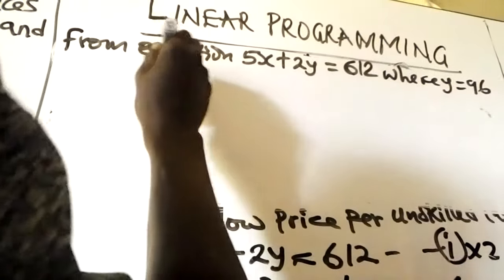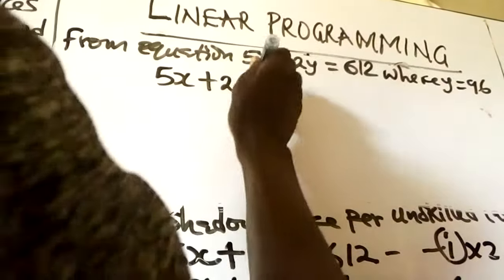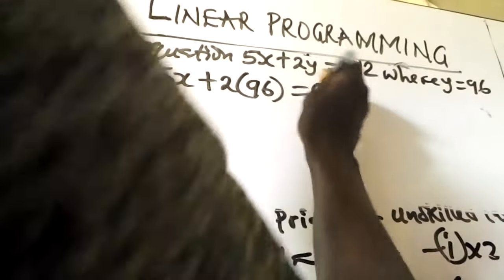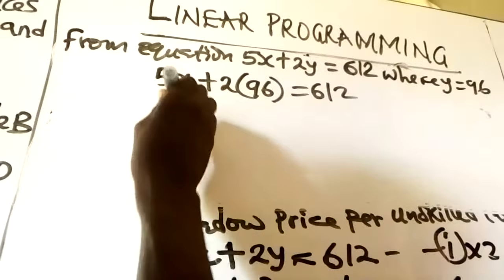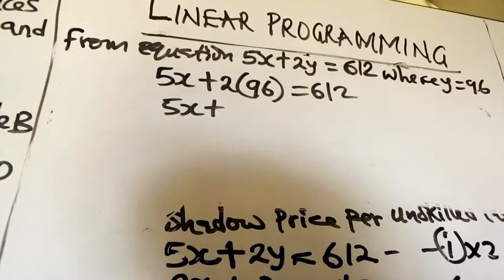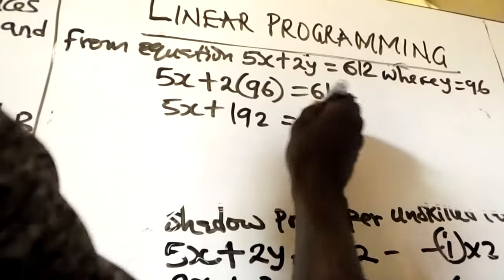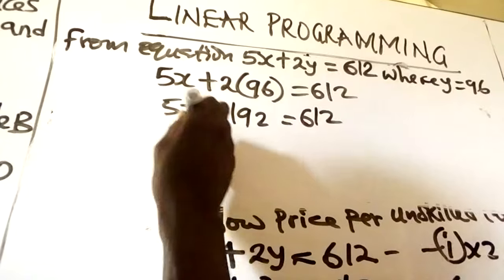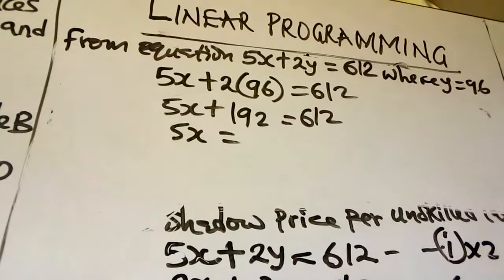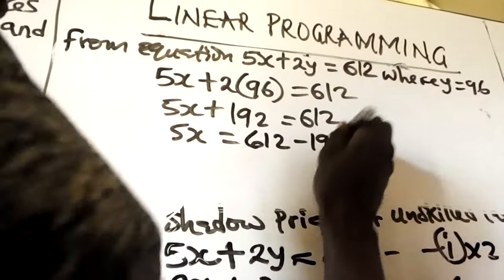Then you have 5x plus 2 multiplied by 96 equal to 612, which is 5x plus 192 equal to 612. So we have 5x equal to 612 minus 192.